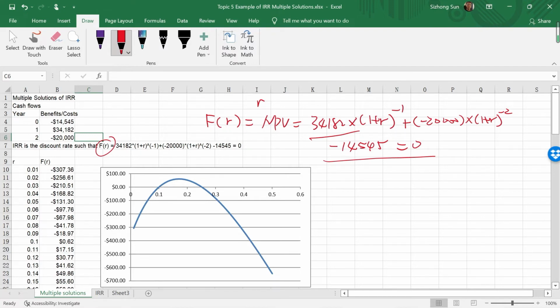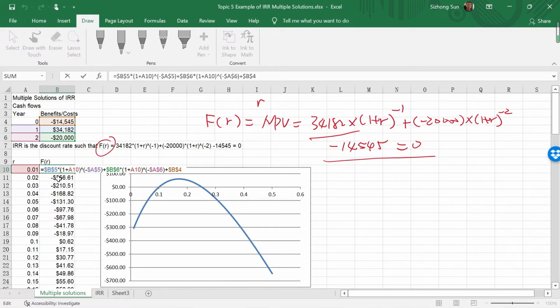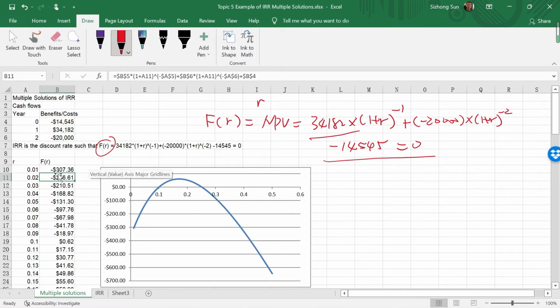So in order to visualize it, I'm going to say if r is equal to 1%, what's the associated f(r)? f(r) is just B5 discounted back and B6 discounted back plus B4, which is already a present value.